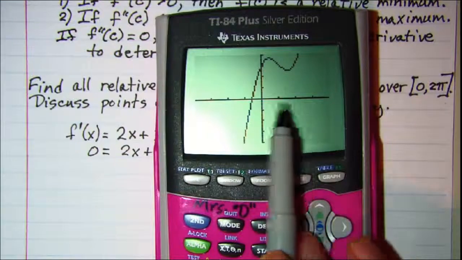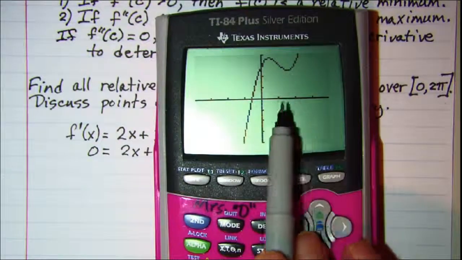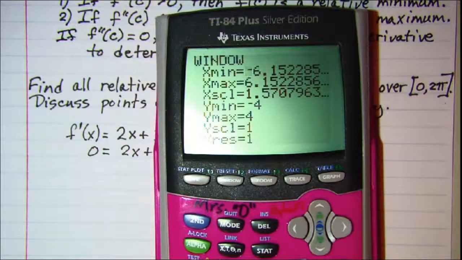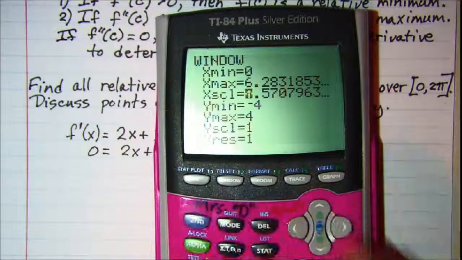So I don't think we're going to have any places where it crosses, but let me change my window so that my x min is 0 and my x max is 2 pi. And then we'll use a scale of pi over 2.